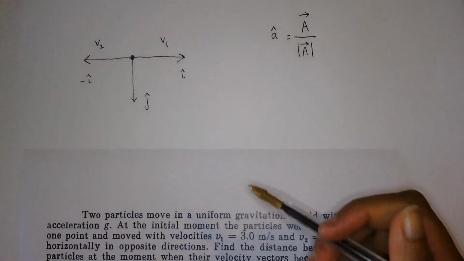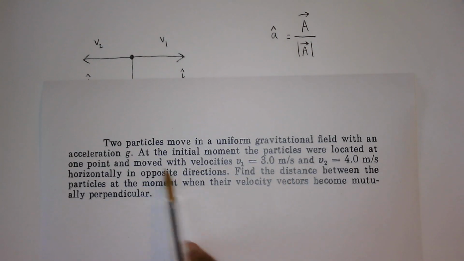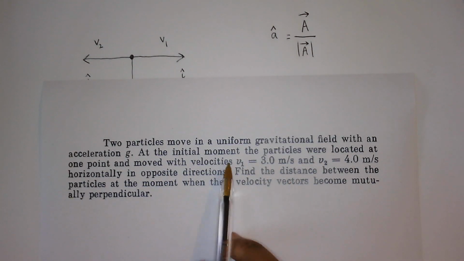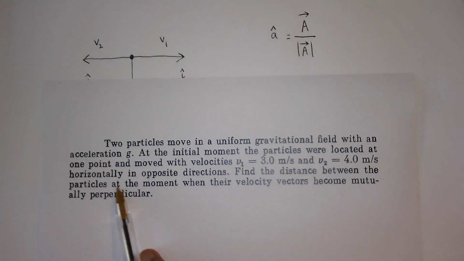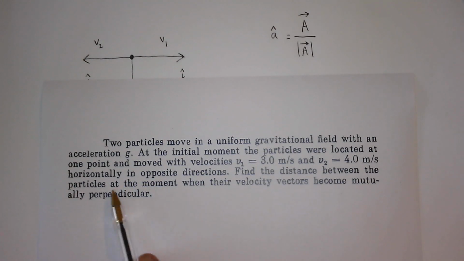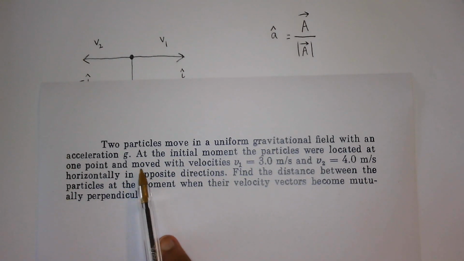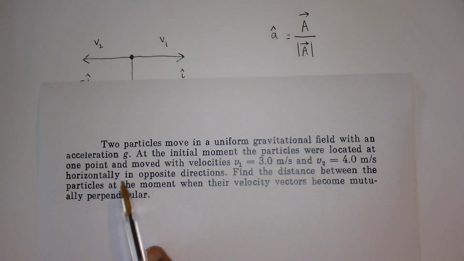And another really important part of this question is the fact that it says the two particles move with velocities horizontally in opposite directions. So from that we know that initially both particles had a vertical velocity of 0, so they didn't have any vertical velocity.